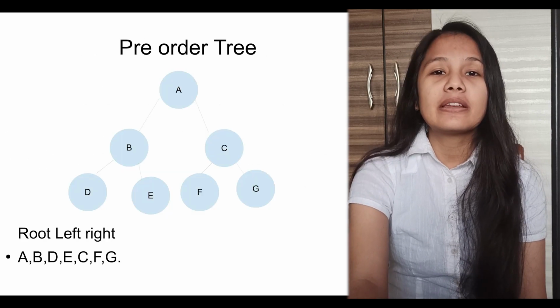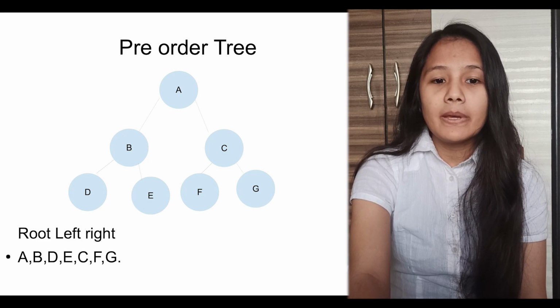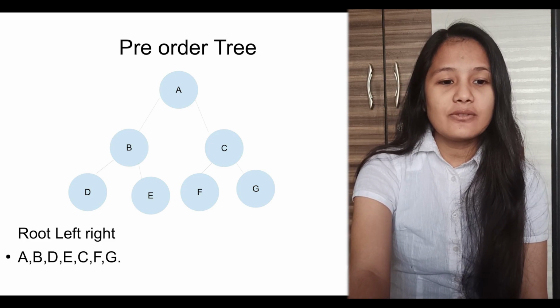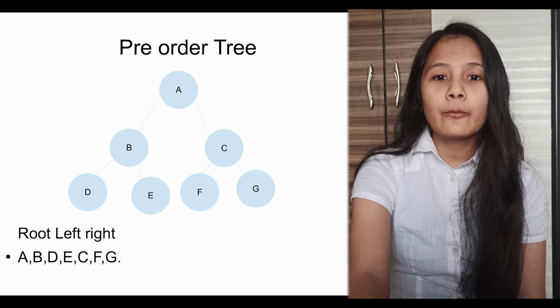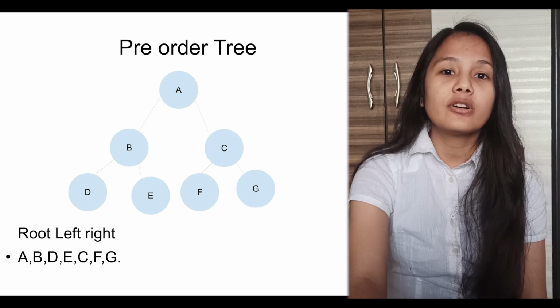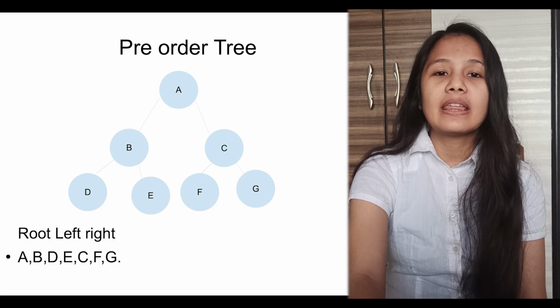Here you can see there is a diagram of pre-order where A is the root, B is the left subtree and C is the right subtree. As you can see, here we have done the pre-order traversal. As it was written, first we process the root, then left and then right.